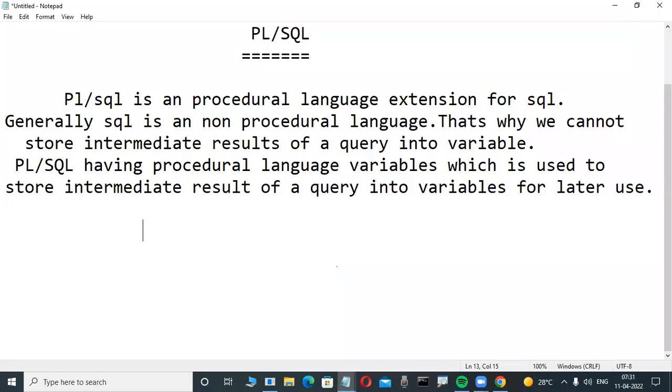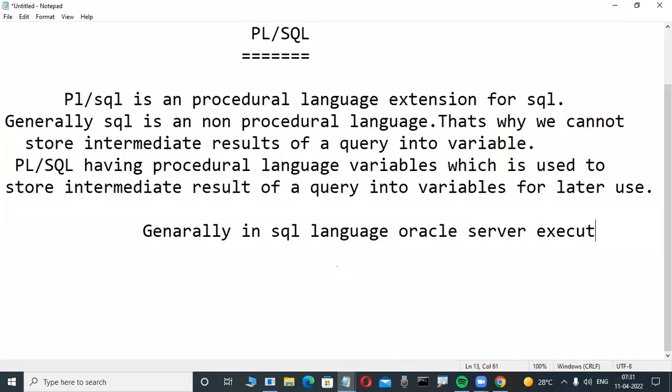So many differences, but first I'm telling you a small thing. Write it. Generally, in SQL language, Oracle server executes only one statement at a time.